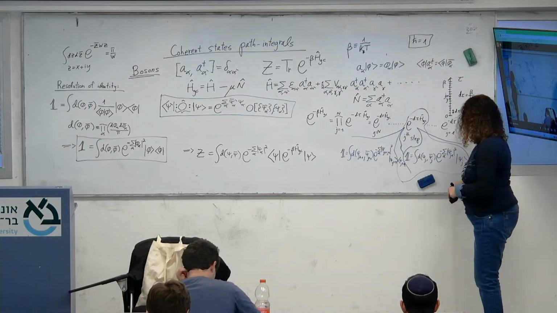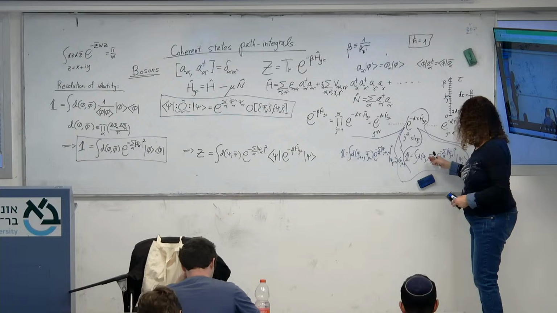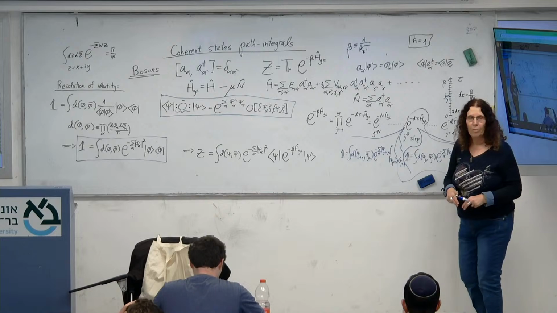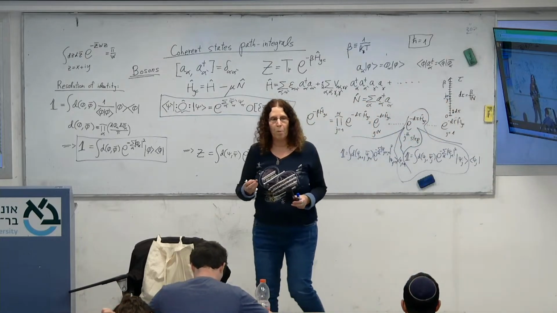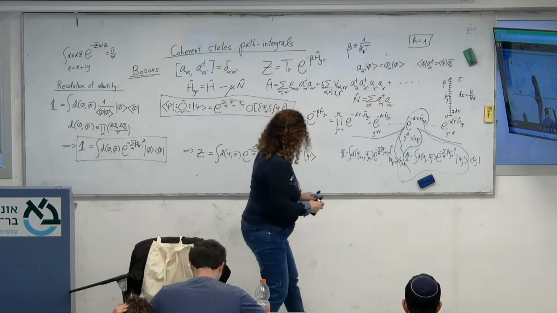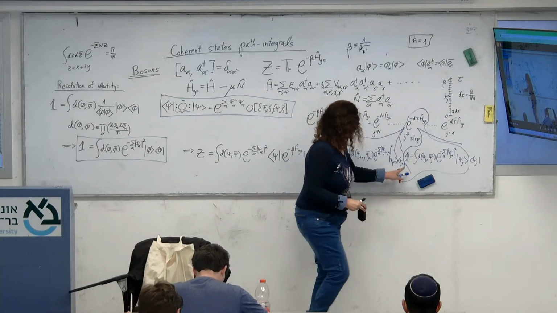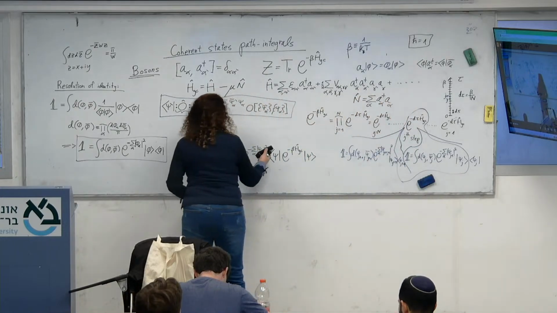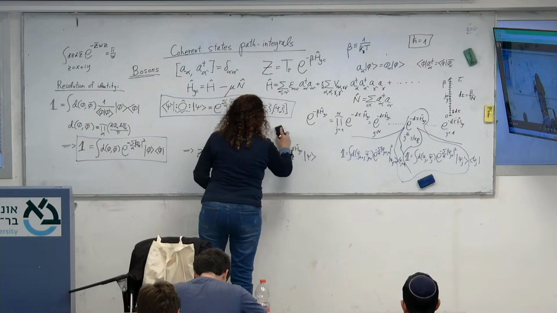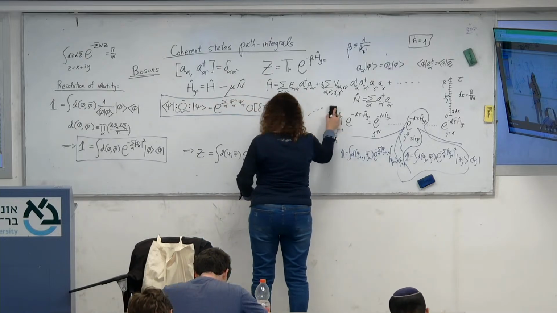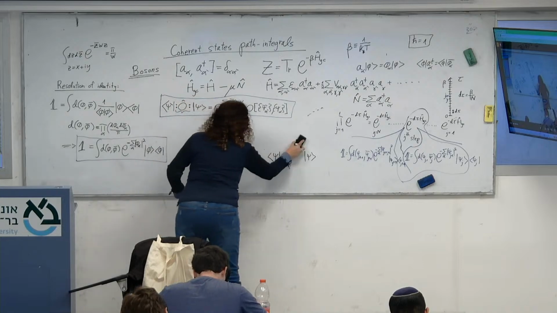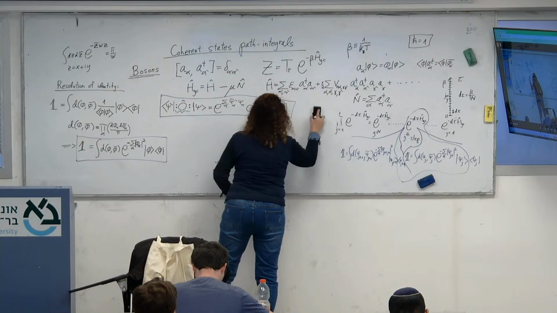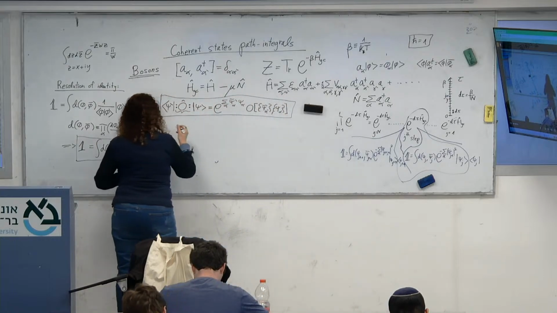Each time step gives me inside the integral some number, which depends at each step on psi j, but also on psi j plus 1 via this matrix element. Let me write down what you get. So this is what we get.